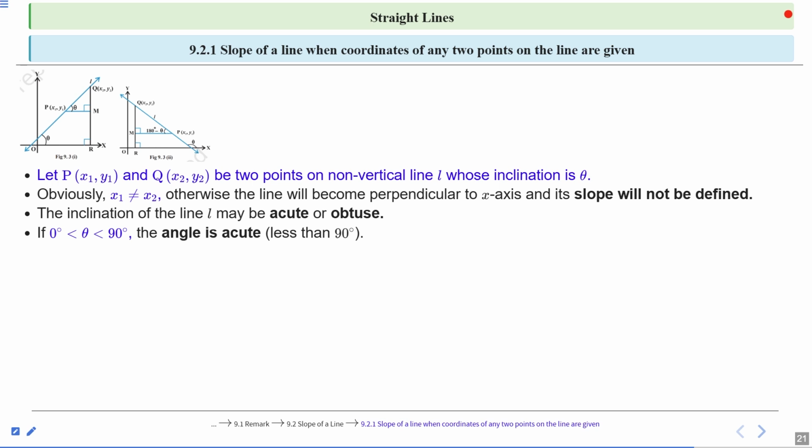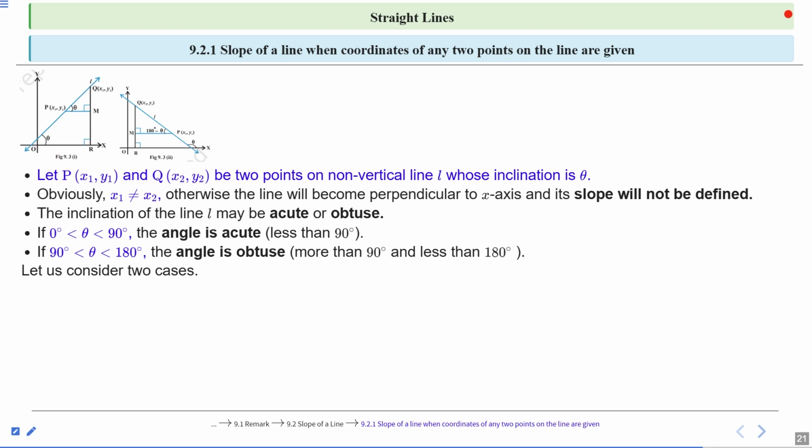That means an angle less than 90 degree is called acute. If theta lies between 90 degree and 180 degree, then the angle is called an obtuse angle. So an obtuse angle is more than 90 degree and less than 180.